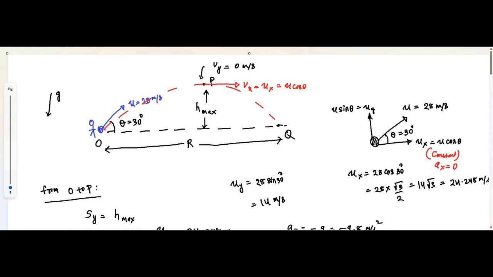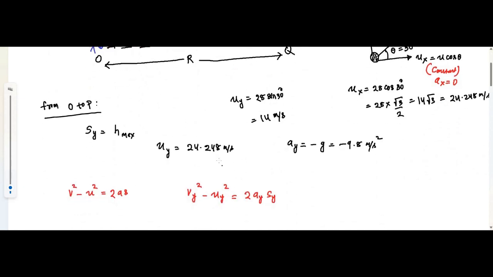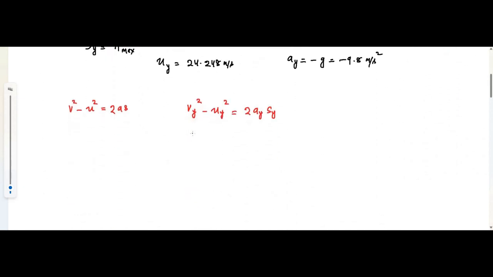Okay. Now vy is 0 at point P. So when we substitute the values, we will have 0 square minus uy, which is equal to 14 meter per second.